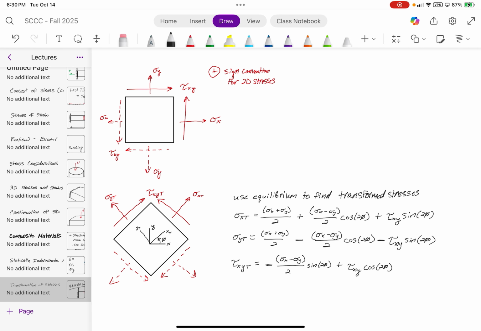Now, one thing that should be noted is sigma x and sigma y and tau xy are from the original loading, from the original untransformed section. Does that make sense?